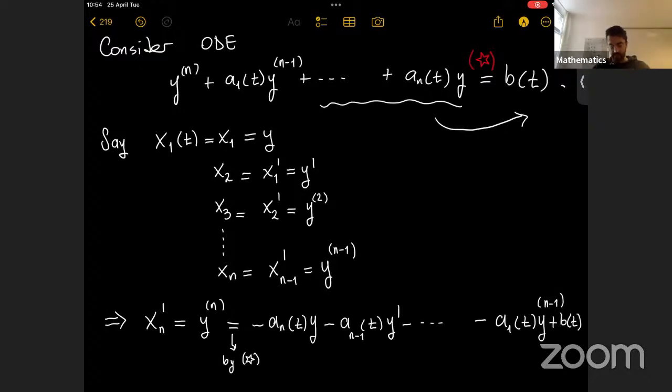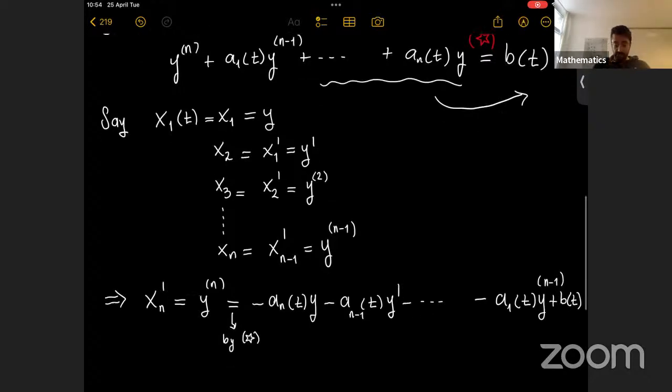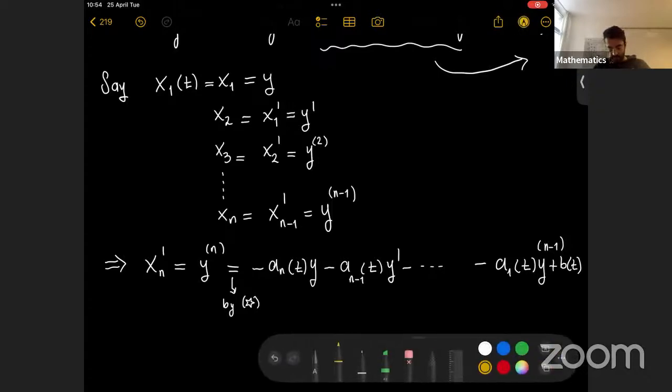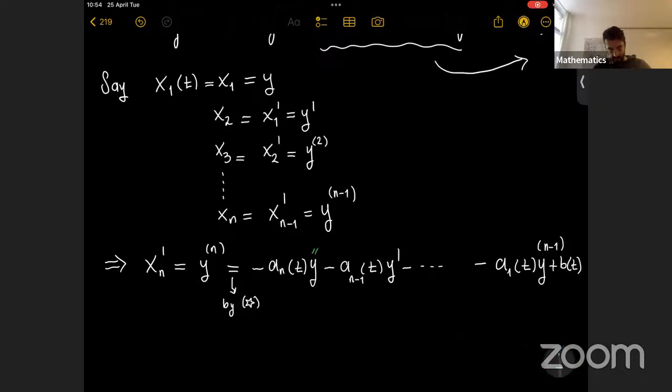Okay, plus b of t. Well, remember that y is x1, y prime is x2, and so you replace this one with x1, and this is nothing but x2.